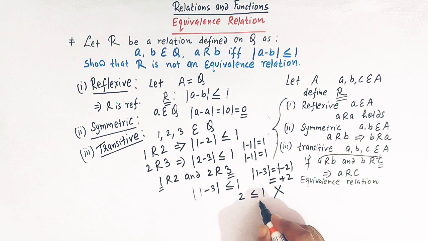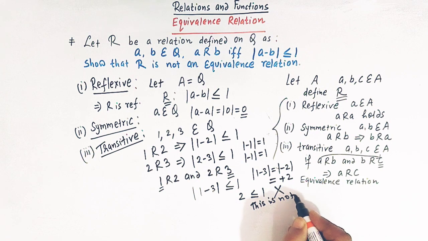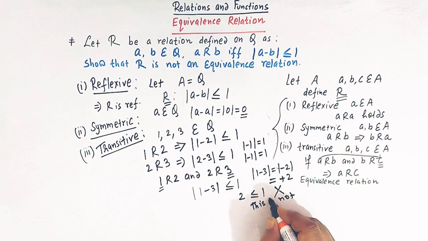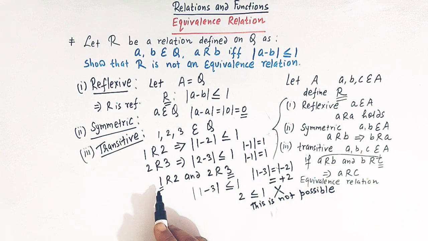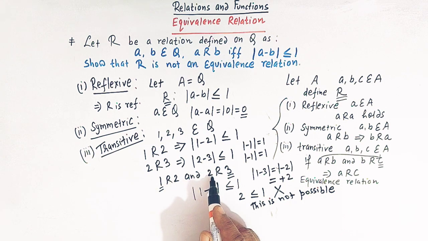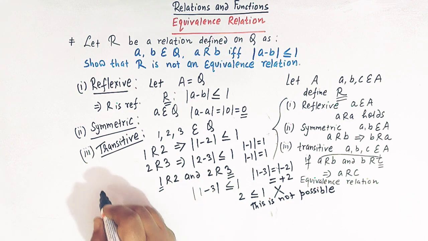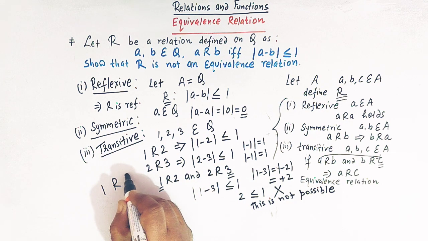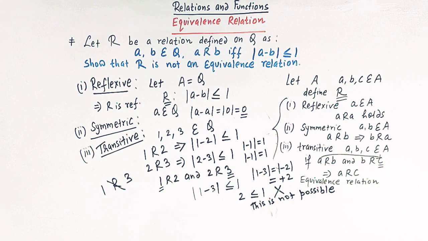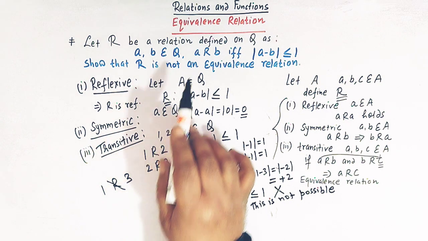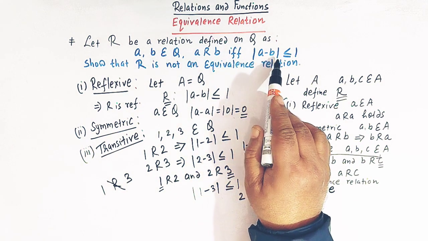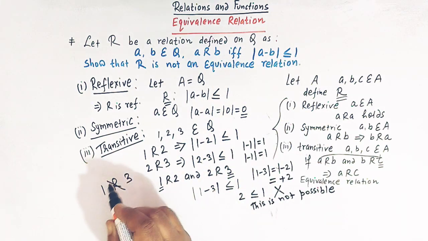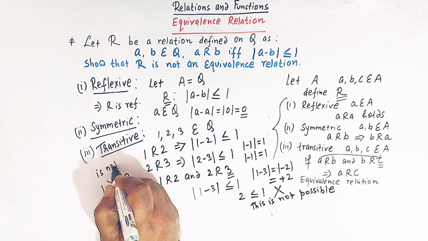So this is not possible. So we can see that when 1 related to 2 and 2 related to 3, then we cannot have 1 related to 3. So this suggests that this relation R in the set of rational numbers, when mod of A minus B is less than or equal to 1, is not transitive.